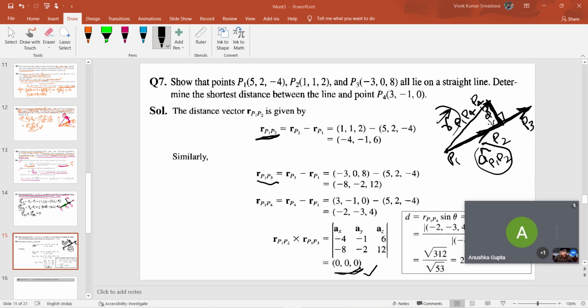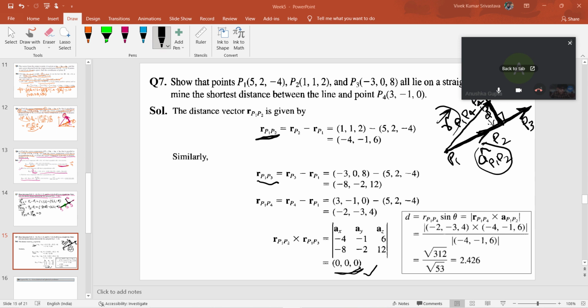Here you can see that I am taking the cross product of the vector between p1 and p4, and the unit vector from p1 to p2. After that I am determining the value of the shortest distance between the point and the line.